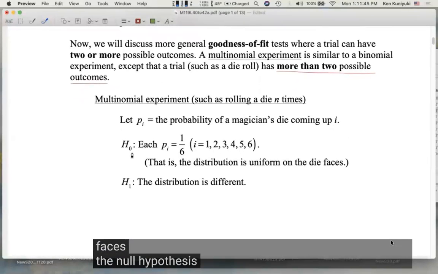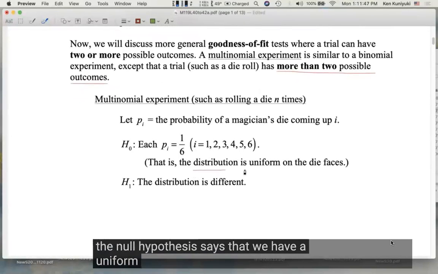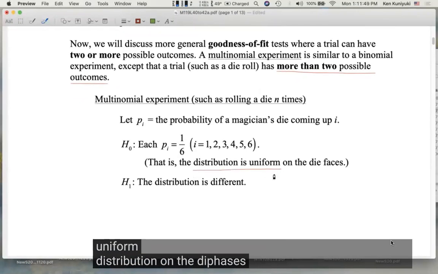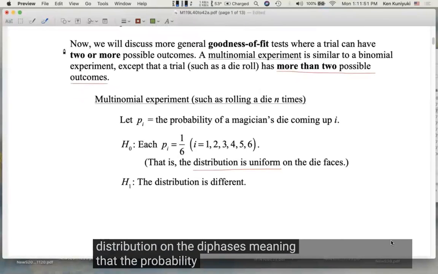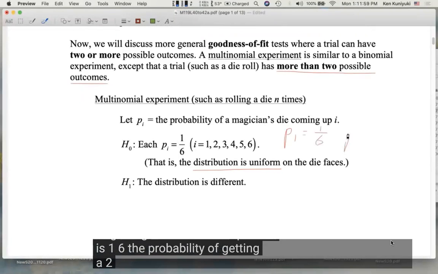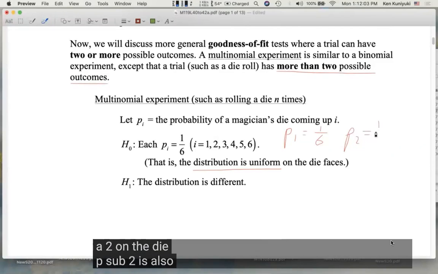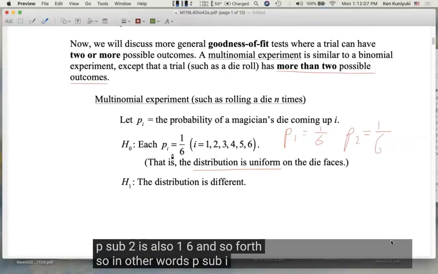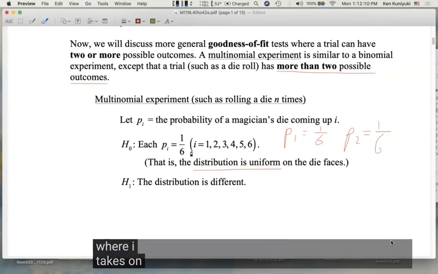The null hypothesis says that we have a uniform distribution on the die faces, meaning that the probability of getting a 1 on the die, P sub 1, is 1/6. The probability of getting a 2 on the die, P sub 2, is also 1/6, and so forth. In other words, P sub i equals 1/6, where i takes on these various indices.